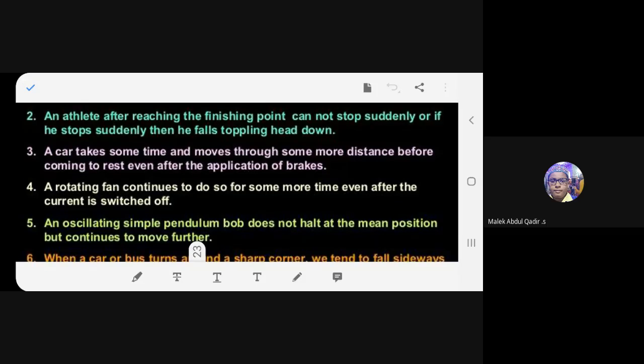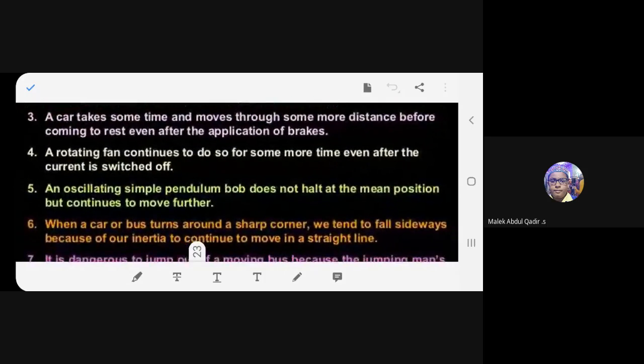And after finishing the race, we keep on running with a slow speed. It's the daily observation. That's what we do, right? Yes, ma'am. Okay. So never try to stop at the finishing point.